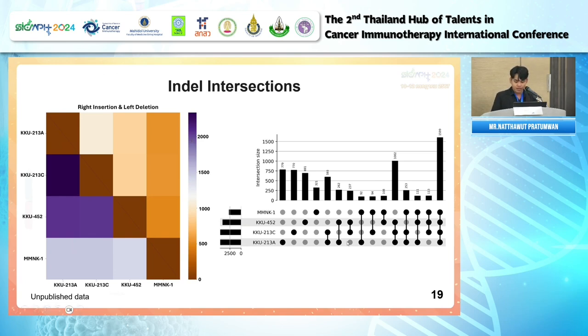And in the upset plot, the intersection size between KKU220C and A has the highest size of indel intersection. And the last one is the relationship between the indel intersections of these four cell lines.